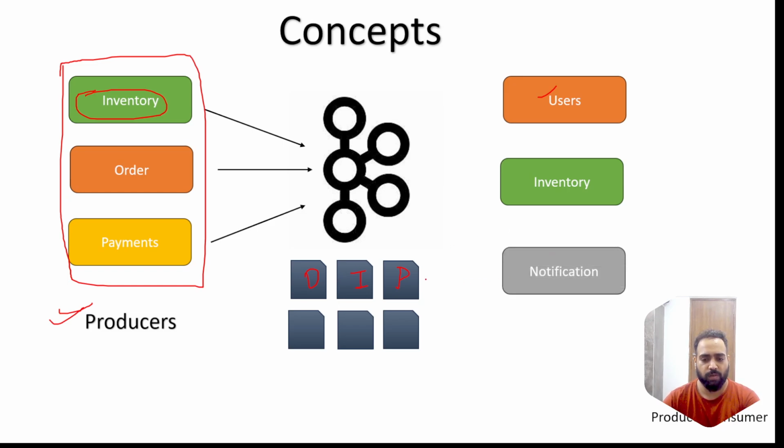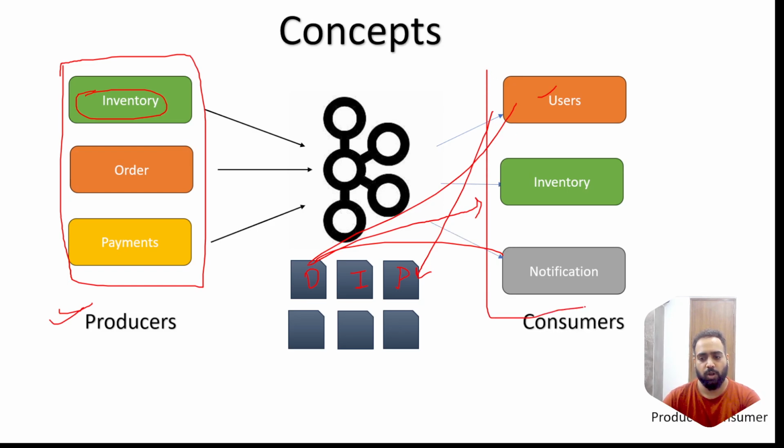The notification microservice will consume the event from order, the inventory microservice will take the order event as well, and the user microservice will take events like payment or order. In this way, these microservices are called the consumers, because they consume the events from Kafka which have been generated by the producer microservices.